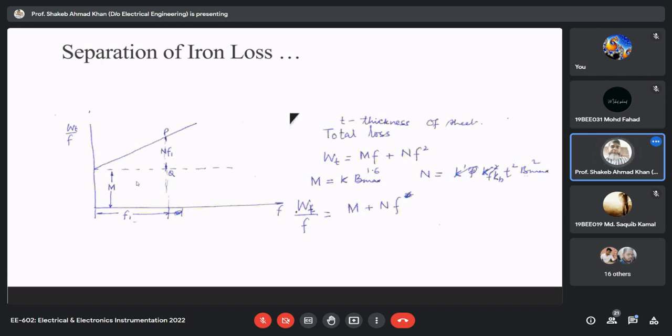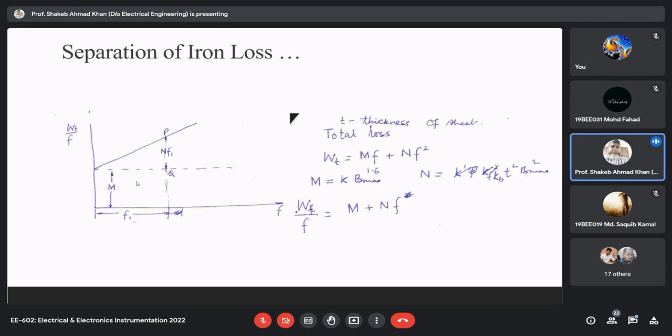Then you measure the power consumed by this open circuit transformer, and from the wattmeter reading you subtract the no load copper loss. Whatever remains is basically the core loss or the iron loss of the transformer.